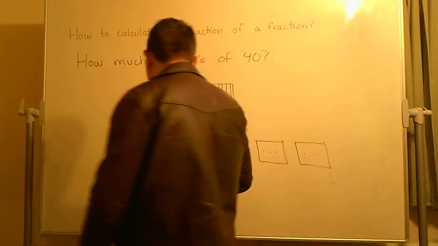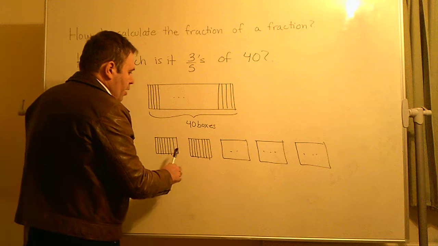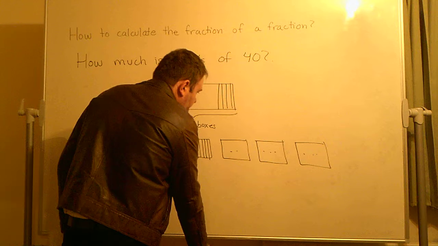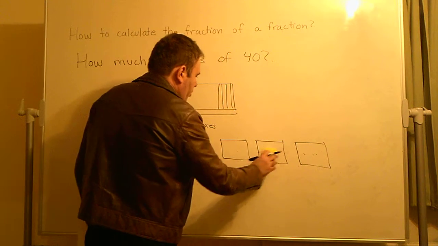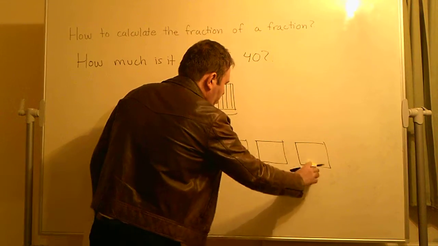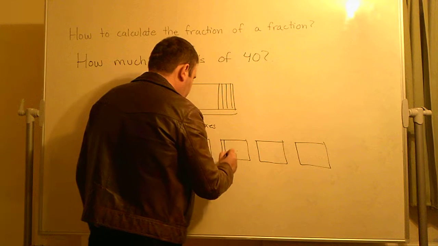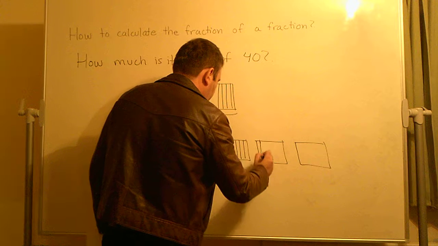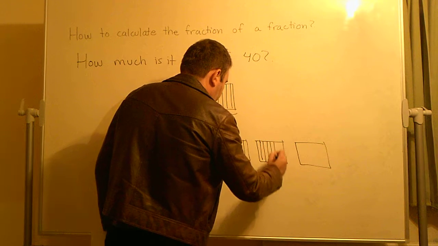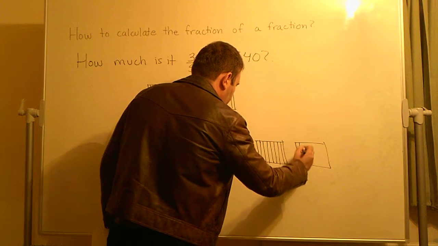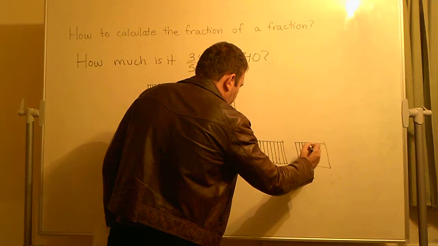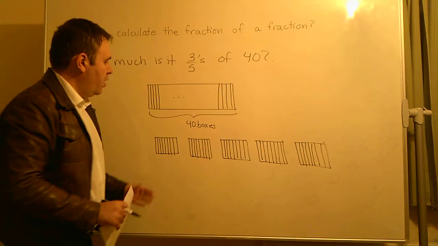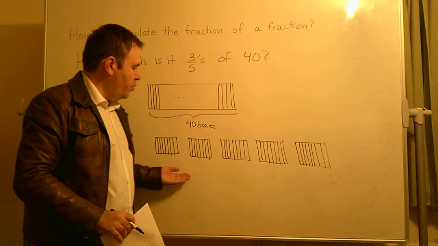So now that we have each set with 8 boxes, how many sets are we going to take? I'm going to draw it properly. So we have our 5 sets of 8 boxes.